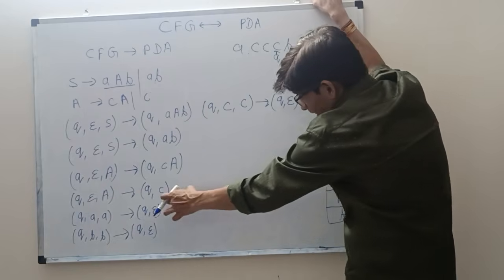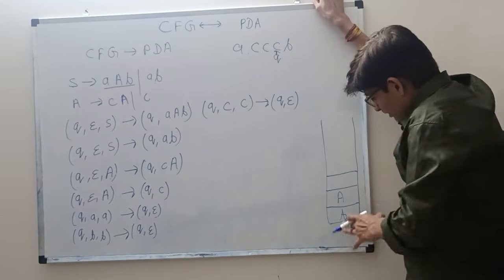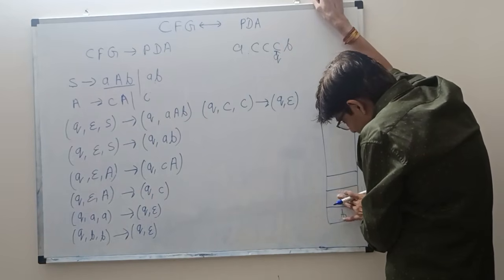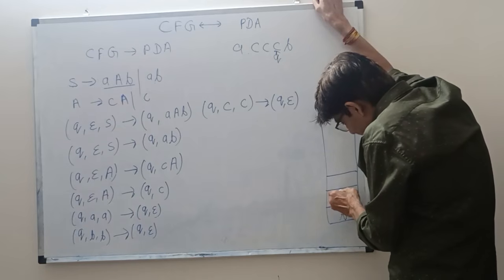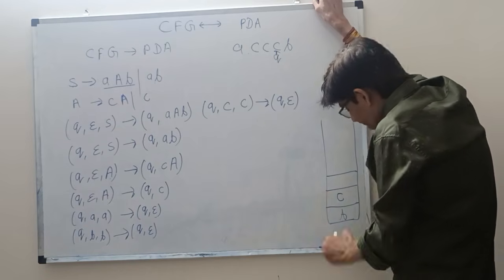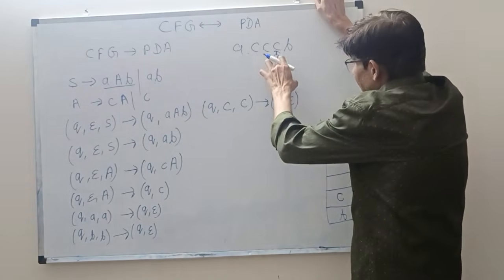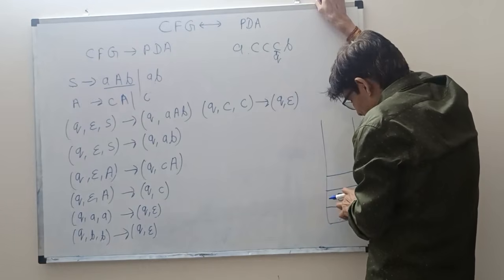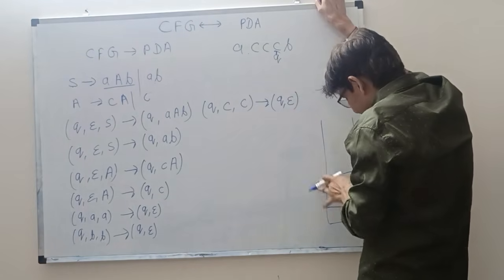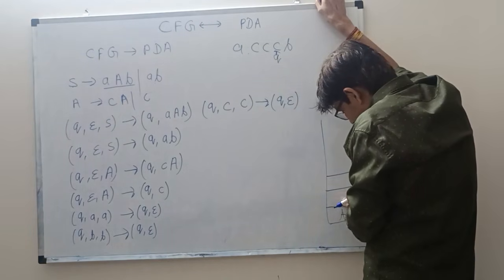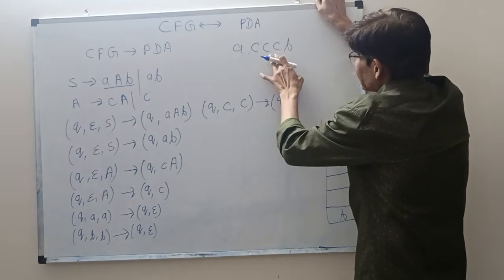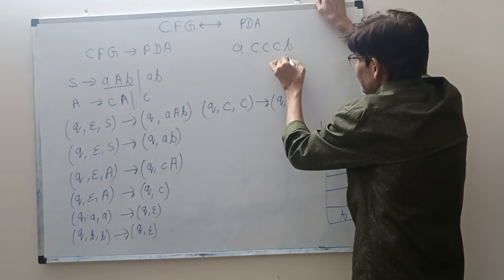According to this transition, I will remove this A from here and I will push c into the stack. Now, I'm in q, I'm reading c, and the stack top is c. According to this rule, I can pop this element from the stack. As I'm popping one element from the stack, I can consume this input.